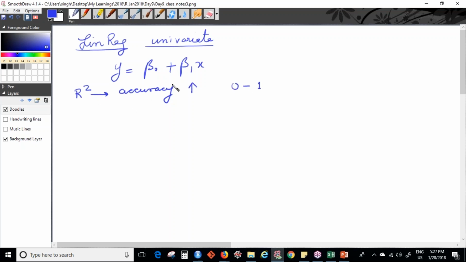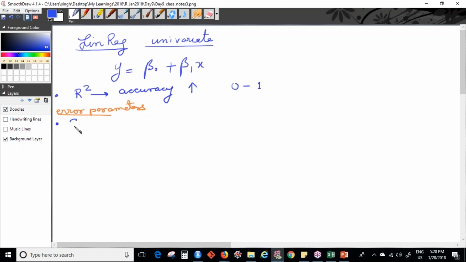So this is your accuracy. Similar to accuracy, we have some other parameters also which help us identify how good is a model. So the others are the error parameters. So lower the value, the better it is.